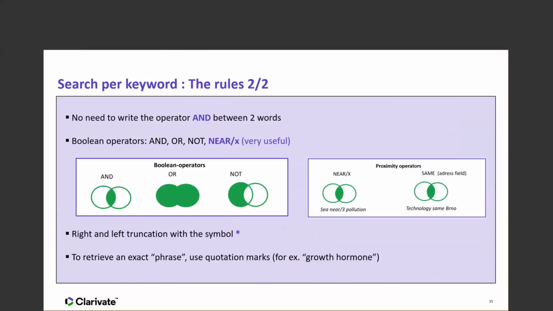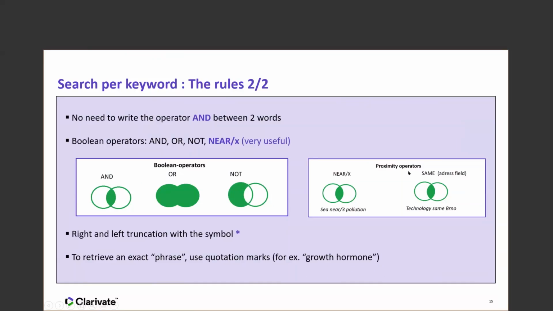Operators, Boolean operators. We use the universal Boolean operators and, or, and not. Those are not specific to the Web of Science. They belong to any database. And we have two more operators that we call proximity operators.